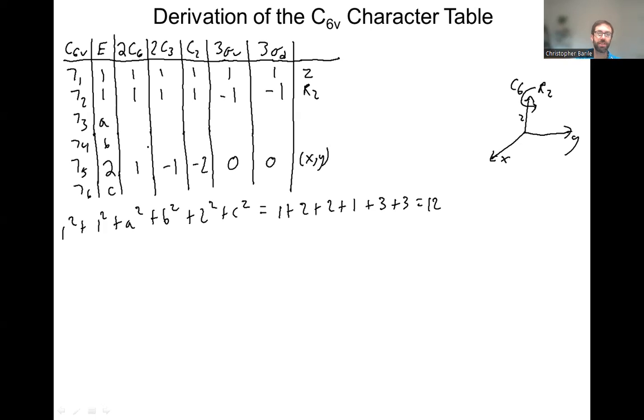And 90% of the time, they're going to be just 1s or 2s. Only really high symmetry point groups like tetrahedral, octahedral, icosahedral are going to have 3, 4, or 5. So you're looking for 2s and 1s. If you work through this, you can see that 1 squared plus 1 squared plus 1 squared plus 1 squared plus 2 squared plus 2 squared equals 12, because we have 8 here and then 4 ones, 8 plus 4 is 12. So we can erase these ABCs, and that helps us puzzle some of this out.